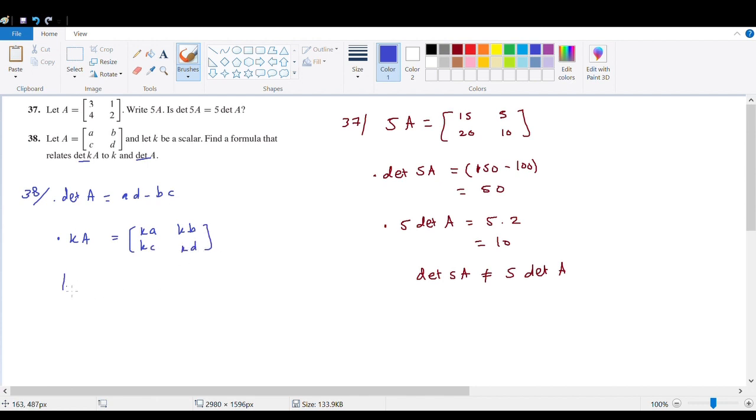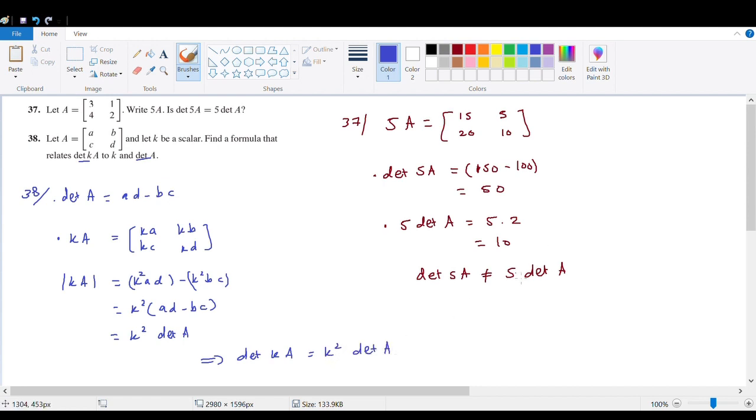Now the determinant of KA is equal to KA multiplied by KD, so it will be K square AD, minus KB multiplied by KC, so K square BC. If we take K square as a common factor, it will be K square times AD minus BC, which is equal to K square times the determinant of A. So from here we conclude that the determinant of KA is equal to K square determinant of A.